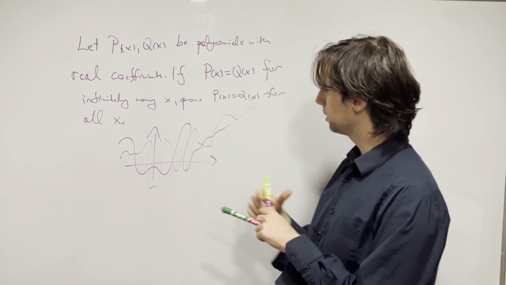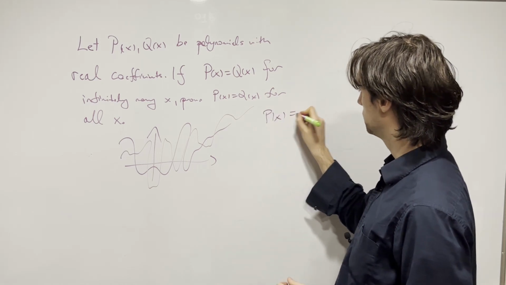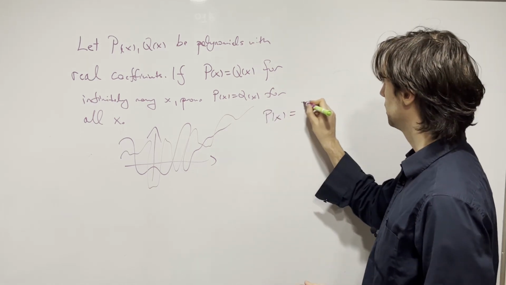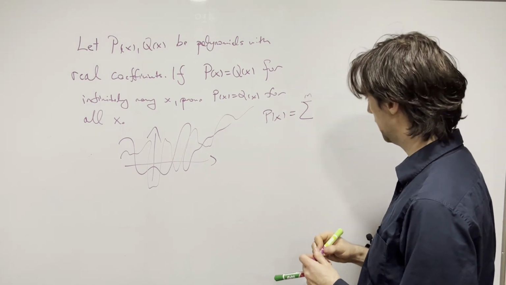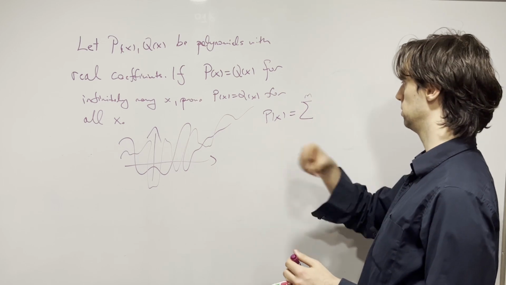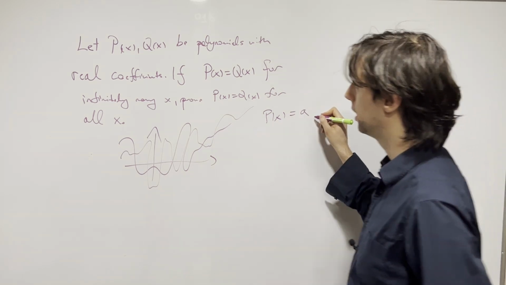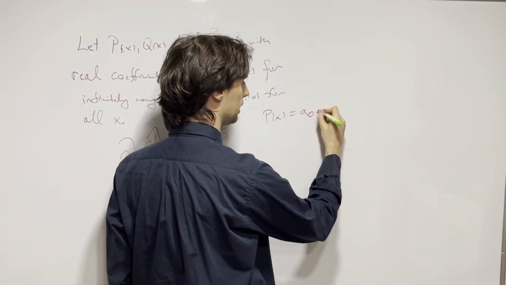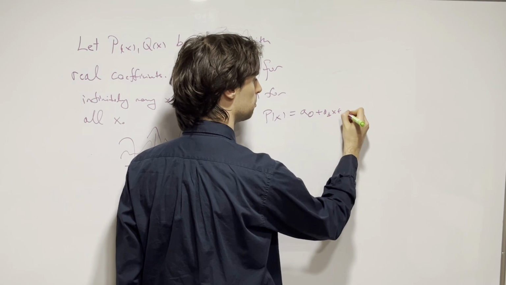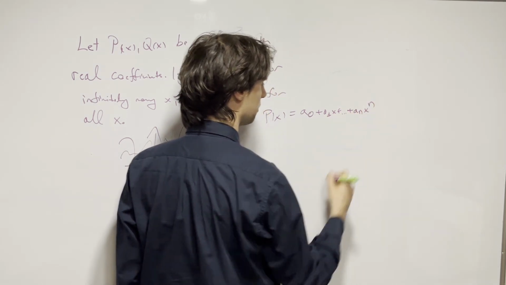So, one thing about polynomials, say p of x is equal to, actually, let me not use the sum sign, let me use another symbol. So, we have that p of x is going to be, say, a0 plus a1 times x plus all the way till an times x to the n.